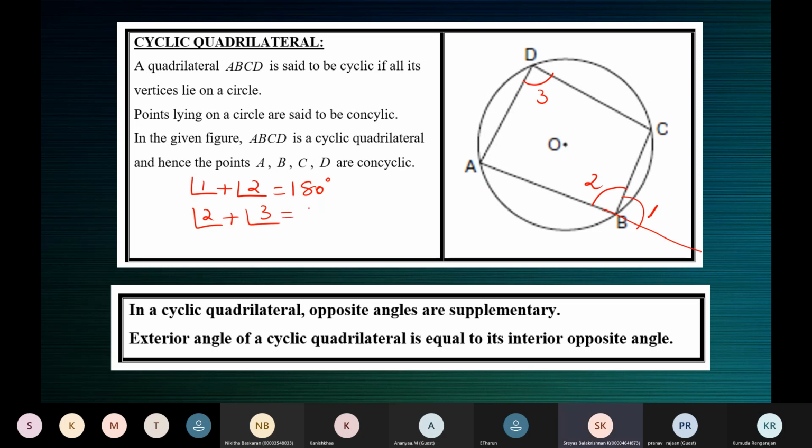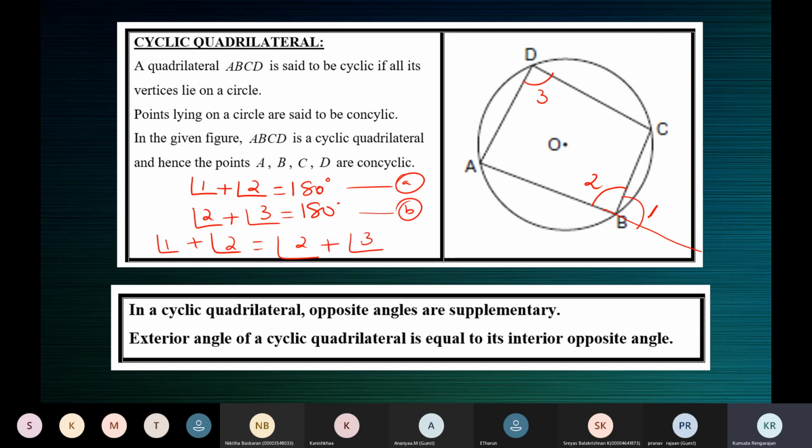180 degrees. Why? Opposite angles are supplementary, because we just understood that in a cyclic quadrilateral, opposite angles are supplementary. Now can we equate angle 1 plus angle 2 to angle 2 plus angle 3?